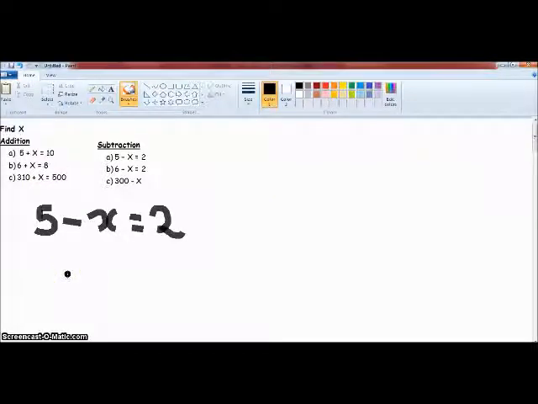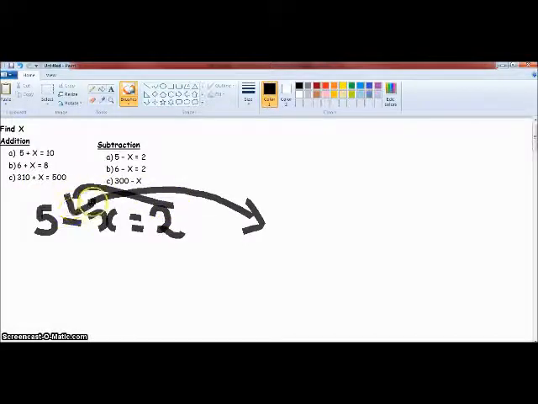Now when it is subtraction and it is x which has the minus sign, sometimes they may not put x here, it could be y, a, l, whatever they can put, as long as it is the value you want to find and it is the one having the minus sign. What we shall do is x is the one we shall move to the other side, and the number which is this side we shall move over to the other side. So this is what will happen.